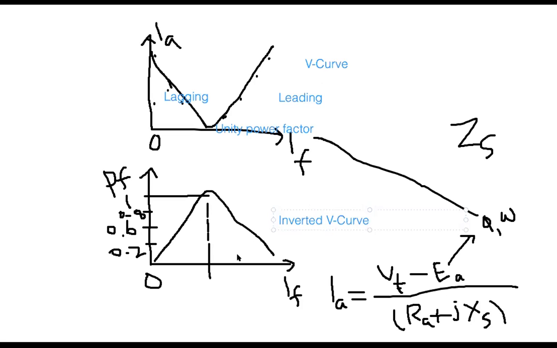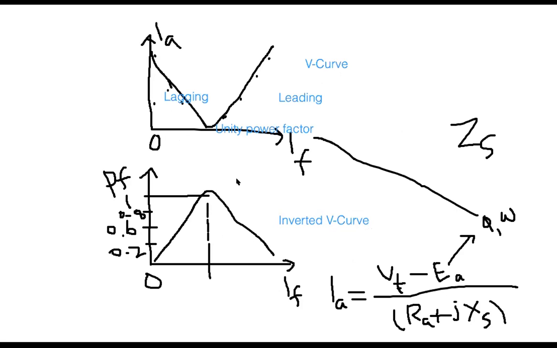So this is the V curve inverted. So it is easy to remember: in both cases, the x-axis, the horizontal axis, is the field current or the flux, IF. In the case of the V curve, the y-axis, the vertical axis, is IA, the armature current. And for the inverted V curve, the vertical axis is your power factor.